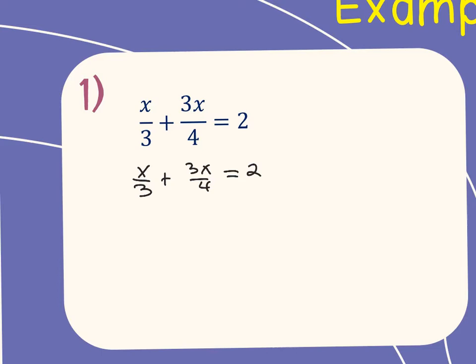Okay, so what we're gonna do is multiply each piece of this by the common denominator, or LCD, which is gonna be 12. Now, you can do it two ways. If you'd rather just show that you're multiplying the entire equation by a 12, you can. If it's easier for you to write a 12 next to each one, you can do that also.